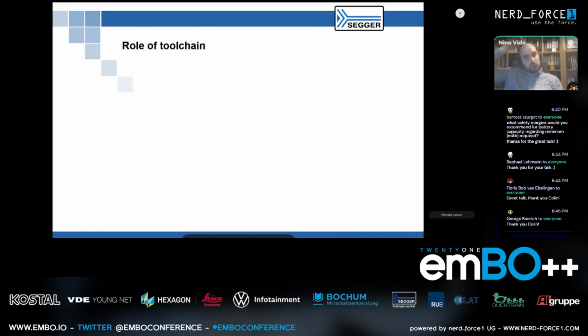So let's first talk about the toolchain itself and its main components. The main components, I would say, are the compiler, linker, and assembler, where the compiler usually takes your C or C++ code and optimizes it where possible and translates it to assembler code, which is then translated by the assembler to machine code, and you have code that your target device understands.